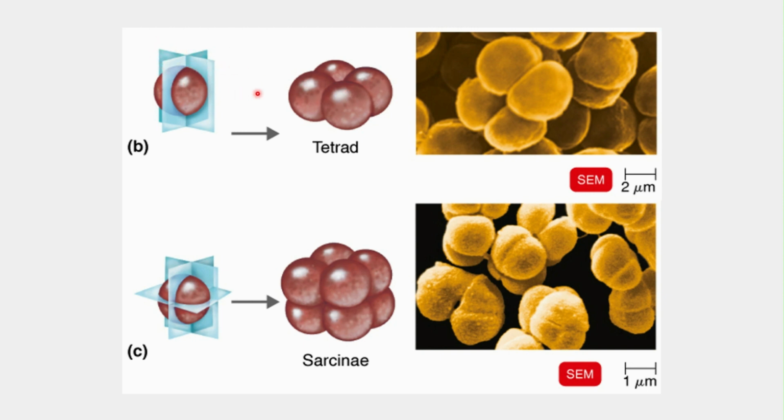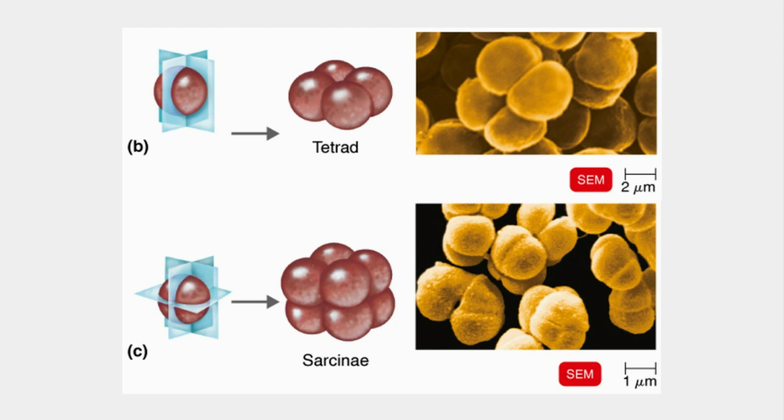And so this cell could divide into, say, these two cells, right? And then now we're going to divide along this plane and make the two back cells. And that will create a tetrad, which if you've ever played Tetris, you should know that tetra means four. So a tetrad is four bacterial cells that can remain as a group.